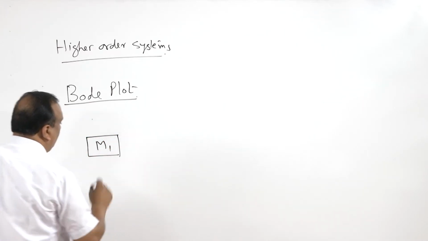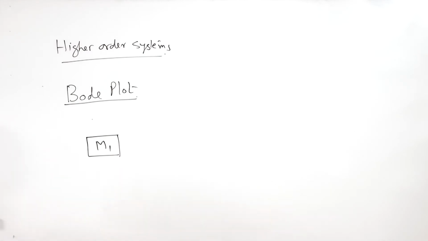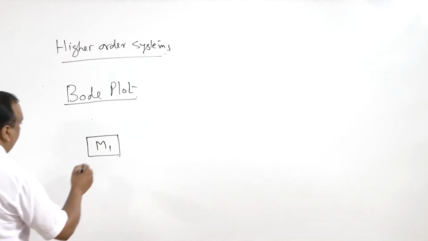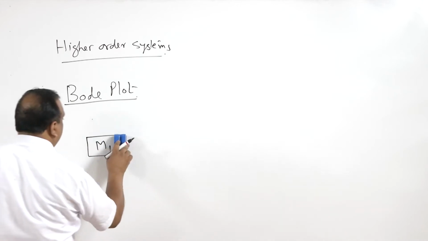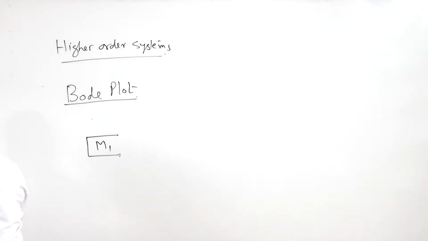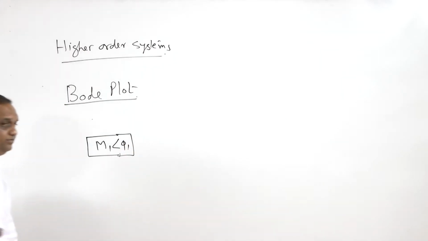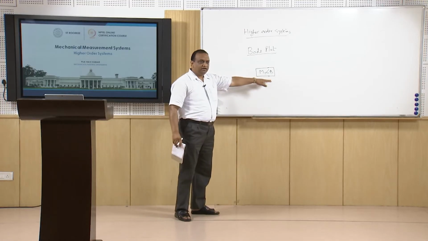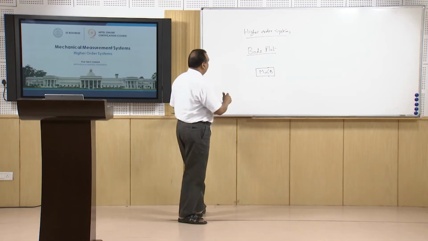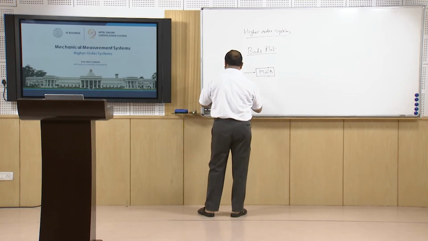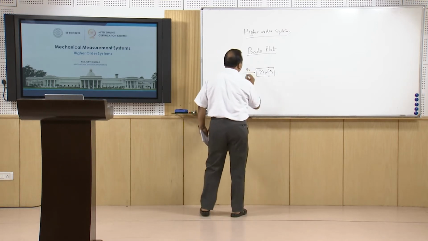Amplitude of the first component is M1. This is the transfer function, and angle phi 1 is the lagging angle or phase angle, and input is Qi.